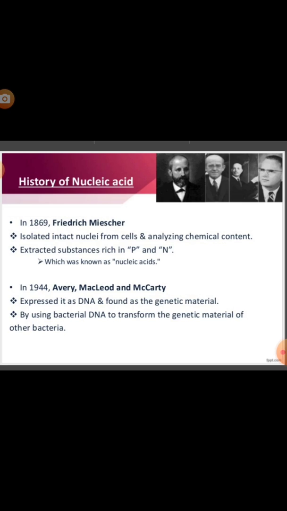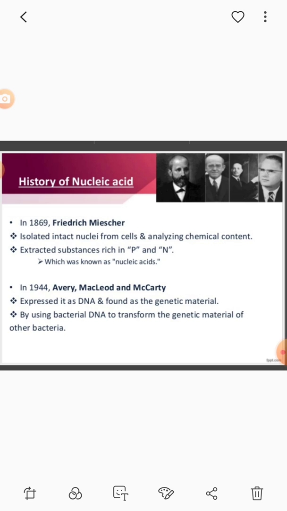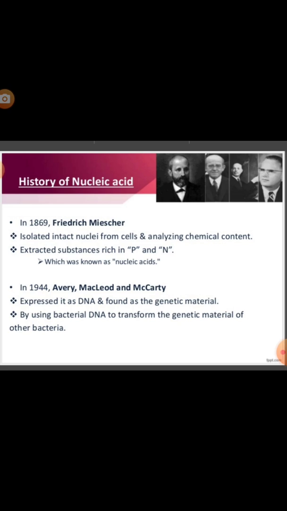Next, history of nucleic acids. In 1869, Friedrich Miescher isolated intact nuclei from cells and analyzed the chemical content. He isolated nuclei from a living cell and analyzed what type of chemical contents are present within the nucleus.